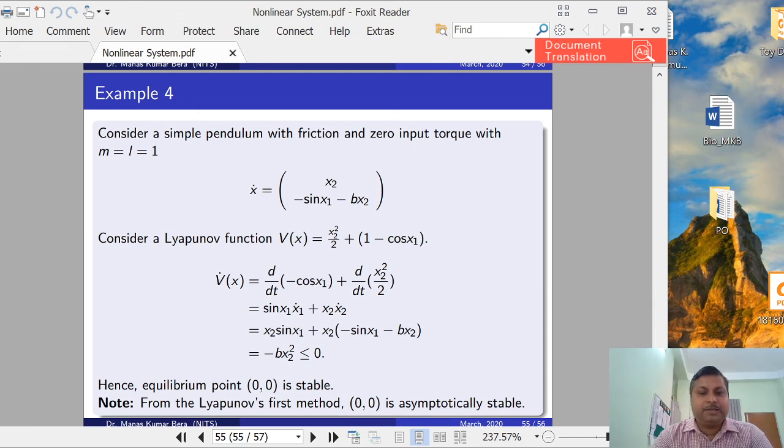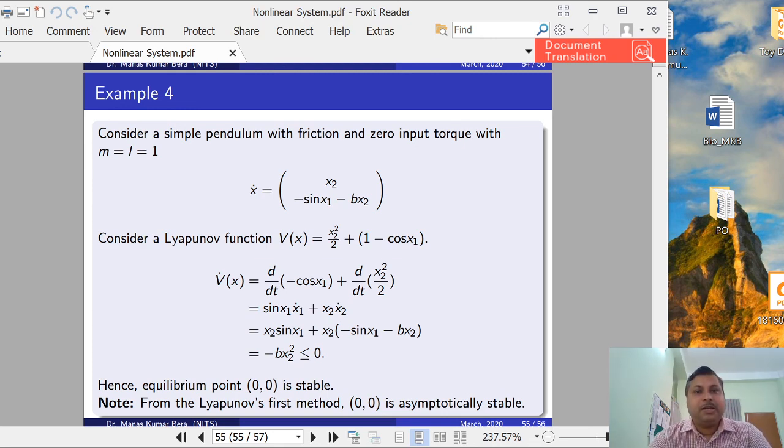And at this point, one very important thing has to be mentioned: this Lyapunov method to judge stability is not a necessary condition, it is a sufficient condition. It means that for a system, suppose you have chosen a Lyapunov function and established that for that chosen function the system is unstable.